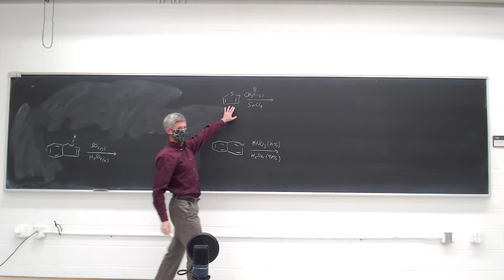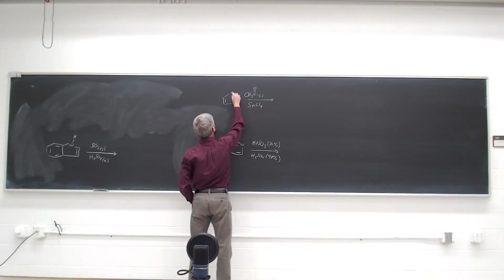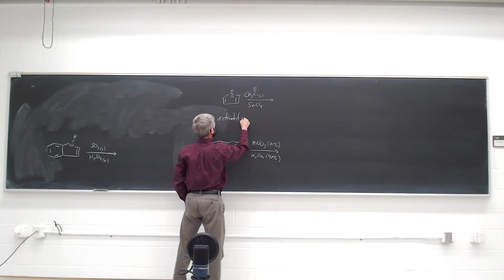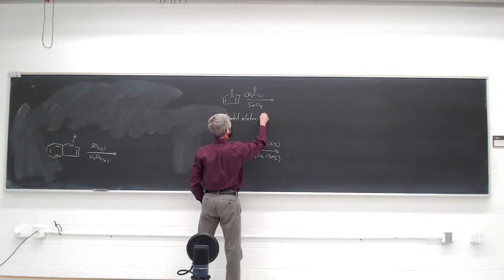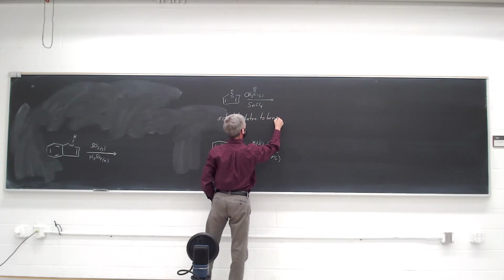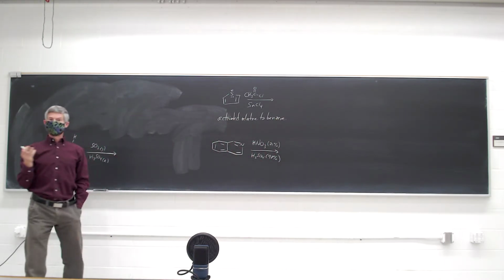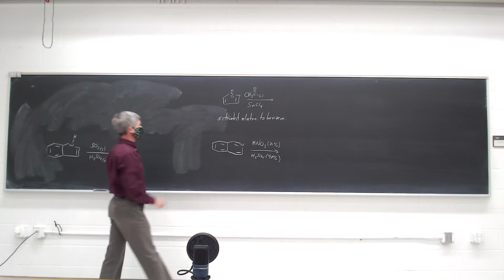This one's a 5-membered heterocycle. So it's activated relative to benzene. And the reason for that is that there are 6 electrons in the pi system, but they're shared among only 5 nuclei.